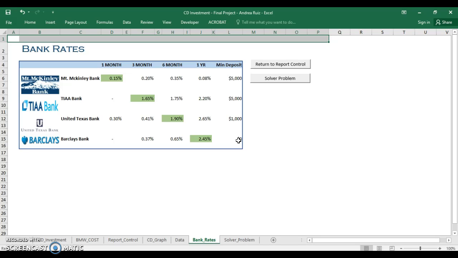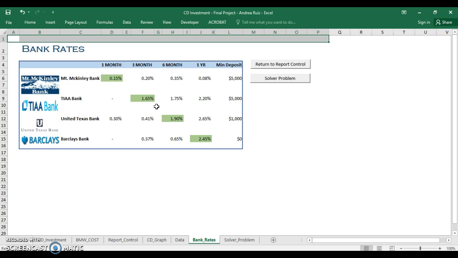For instance, for the 1-month CDs, the Mount McKinley Bank offers 0.15% for a minimum deposit of $5,000, which is the highest. This is actually not a very common CD. Then for the 3-month CD, the TIAA Bank offers 1.65% with the same minimum deposit.